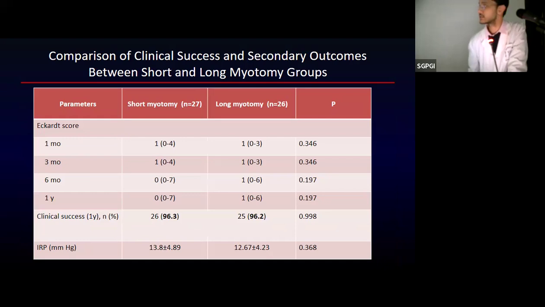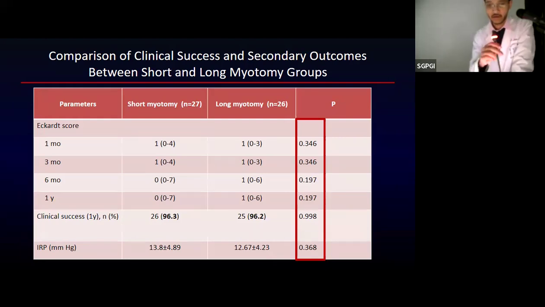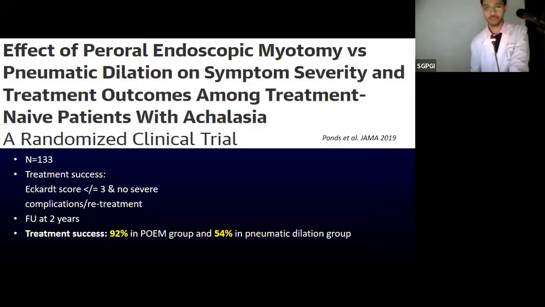Even clinical success, as you can see, in both the arms was above 96%, and IRP reduced from more than 30 to just 12 or 13 in both the arms, and hence there was no significant change in success as seen in the p-value.